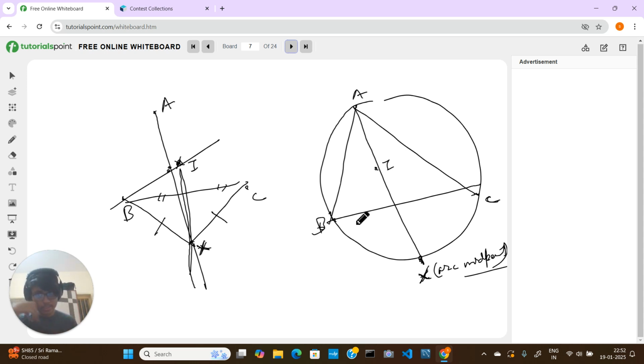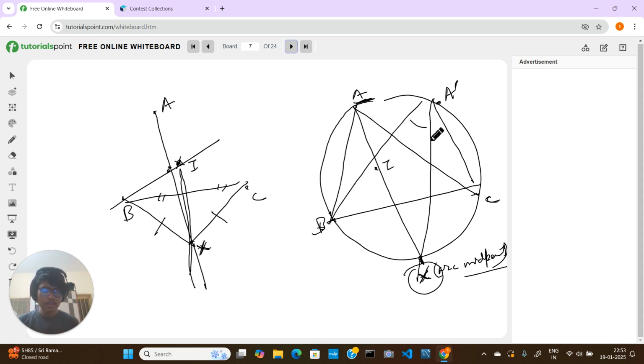Now, what are the nice things in this diagram? What you should notice is that this point X does not depend on the choice of A. What I mean is, suppose you have a point A prime somewhere else on the circle, and you draw the angle bisector of angle BA'C, that still goes through this point X. So this is an important thing.